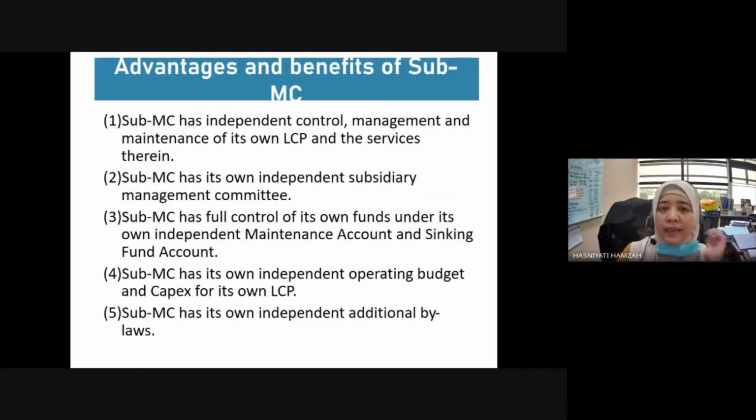Sub-MC has independent control. Dia boleh berdikari management and maintenance of its own LCP and the services therein. They can directly control the management and maintenance of its own LCP. The second advantage is the sub-MC has its own independent sub-MC committee just now yang dilantik during the FAGM of the sub-MC.